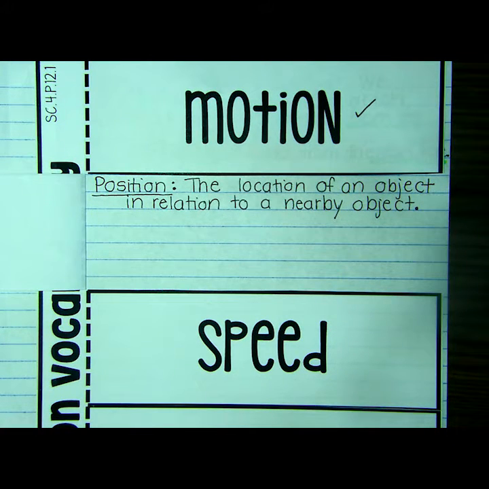So you might be wondering, why are we even focused on this? Or who cares about position? Well, if you think about it, as scientists, it's really important to understand how we describe position. Without it, we wouldn't really know where to look for different objects.